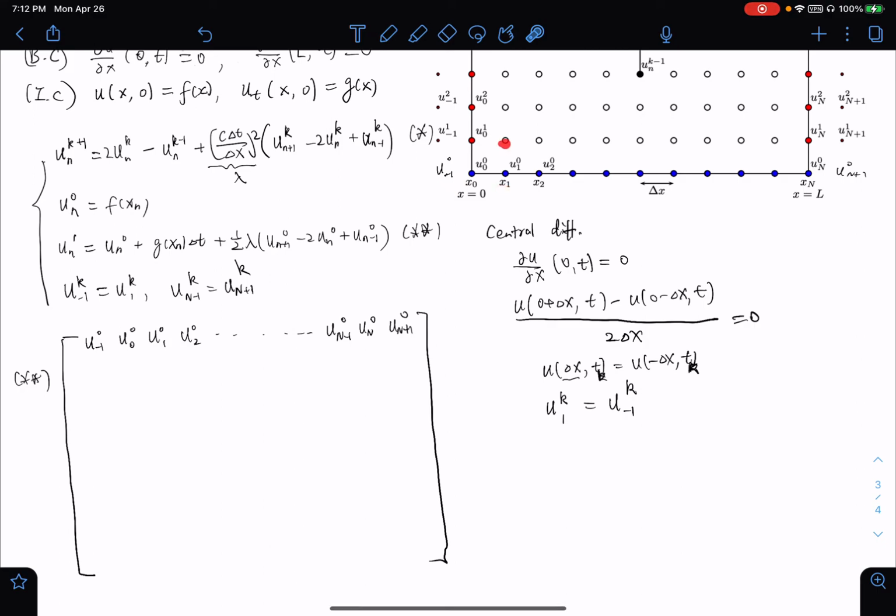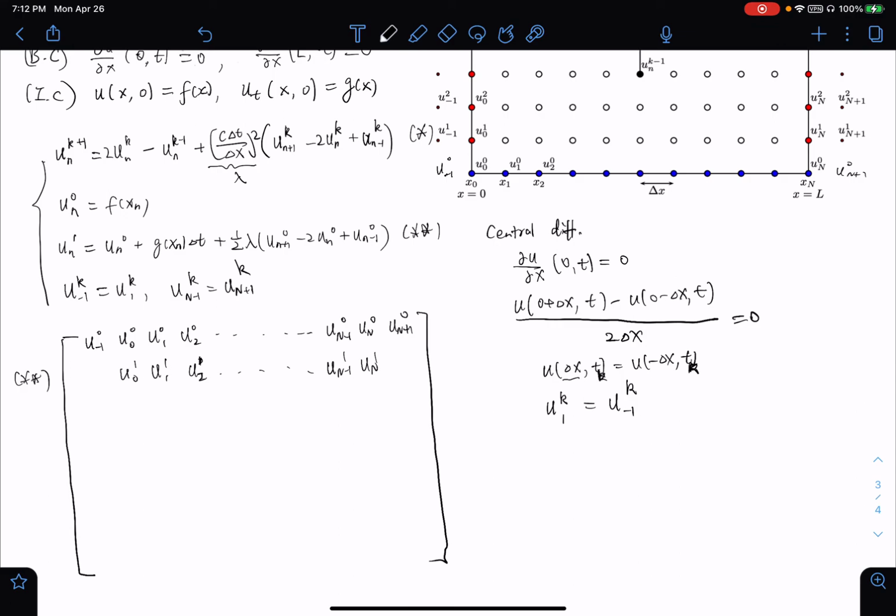And also this value can be determined by these three values. This value can be determined by these three values, and so on and so forth. So now we have all the values u0, 1, u1, 1, u2, 1, etc., all the way to u_n minus 1 at time step 1, and u_n at 1.